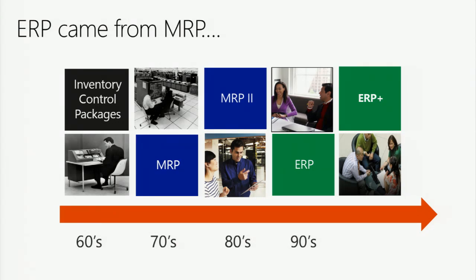All along, the only thing that was occurring was an increased amount of functionality being encapsulated under the term. The move from MRP to MRP2 added some of the financial aspects of inventory control. When we moved to ERP, finance and HR were added to the scope of the term.